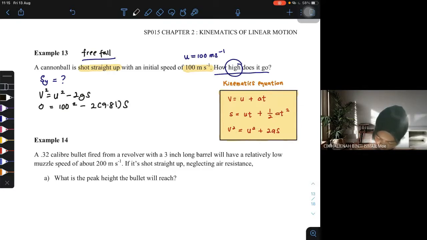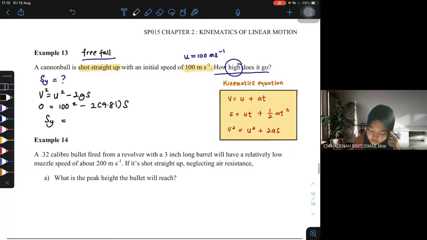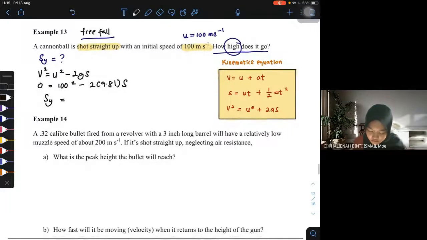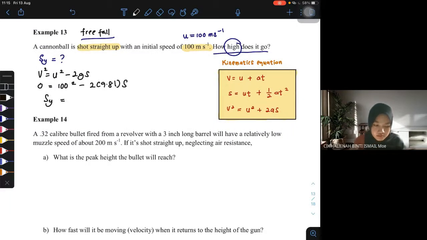Then you will get the value for S, which is equal to. Dapat berapa?